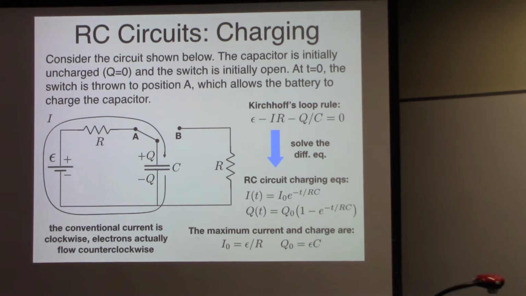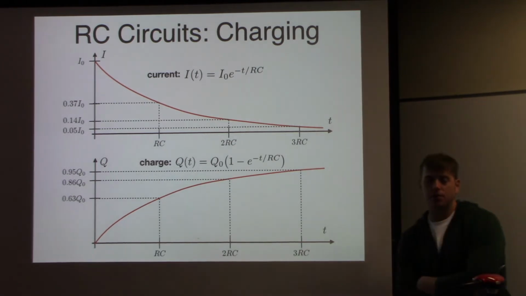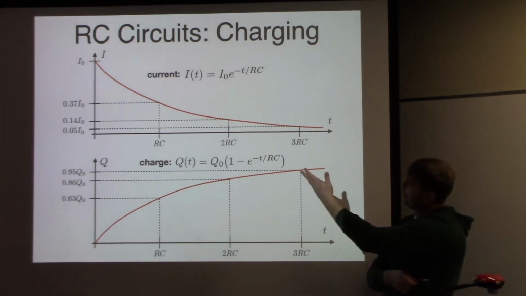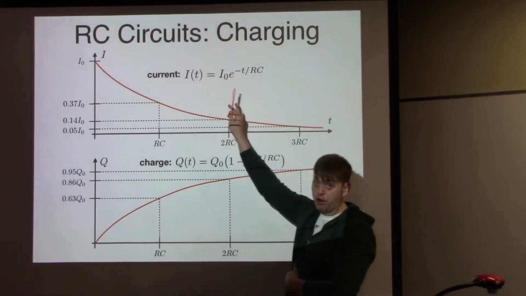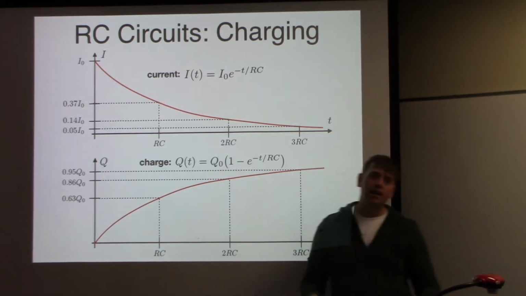Okay. So let's get some kind of handle on what these functions actually look like, and let's plot them out. Let's start with the current equation, because that's a little bit simpler to look at. All this function is telling us is we have some kind of maximum current at the start of the charging process, and then it just exponentially decays after that.